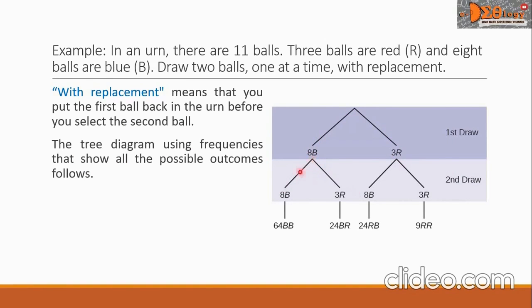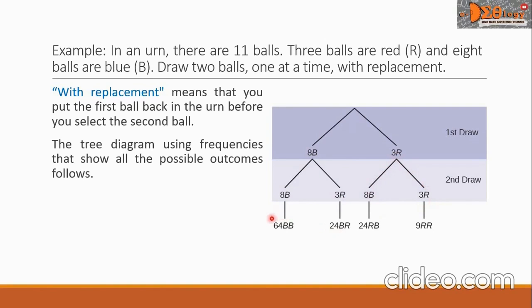In the first branch, there are 8 balls. In the second branch, there are 3 balls. On the second group of branches under 3 red balls, the first branch represents the 8 balls. The second branch represents the 3 red balls.